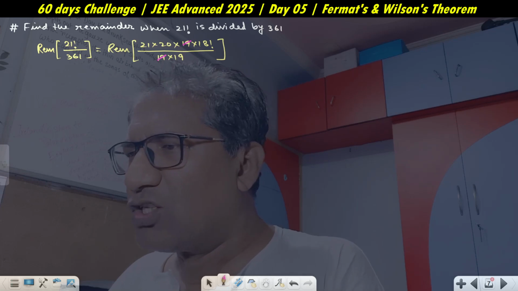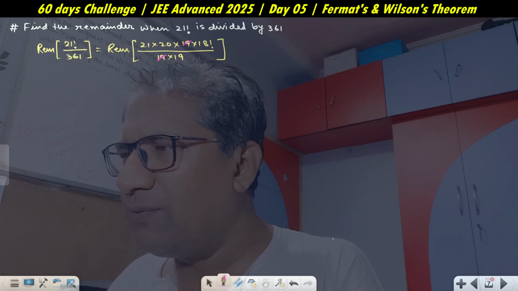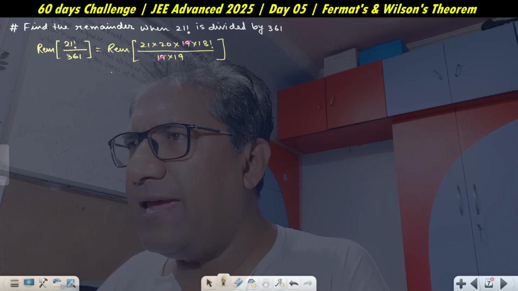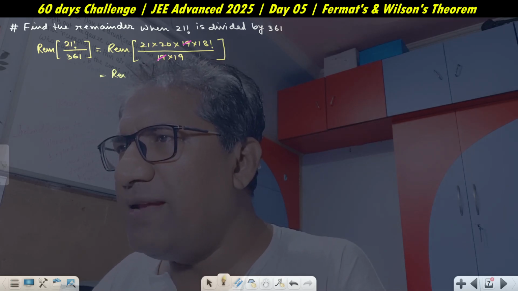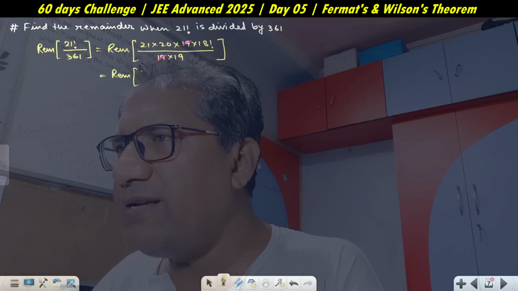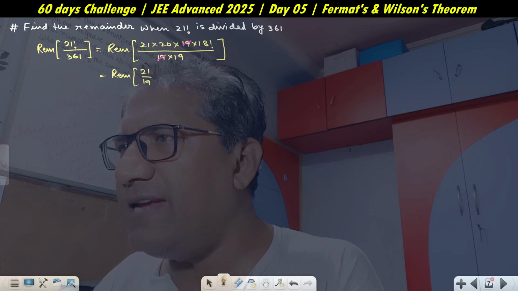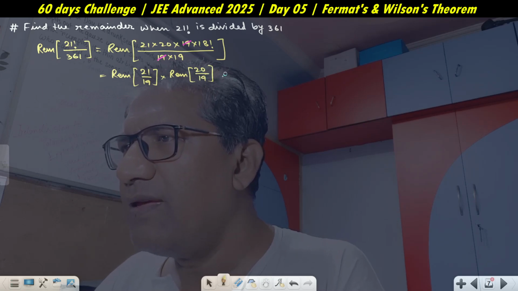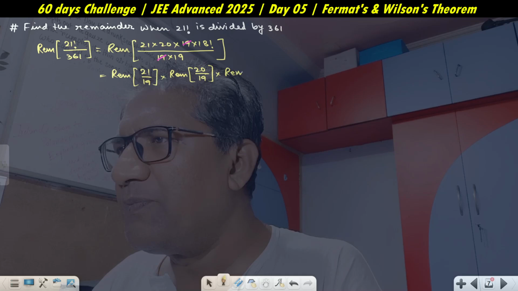So we are basically getting: what is the remainder when 21 is divided by 19? What is the remainder when 20 is divided by 19? And what is the remainder when factorial 18 is divided by 19?